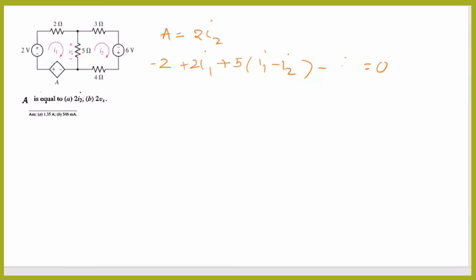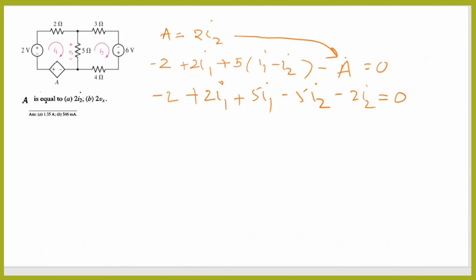Here actually I have to write minus A, because I am crossing from minus to plus. So minus 2 plus 2i1 plus 5i1 minus 5i2 minus A, what is A? 2i2.